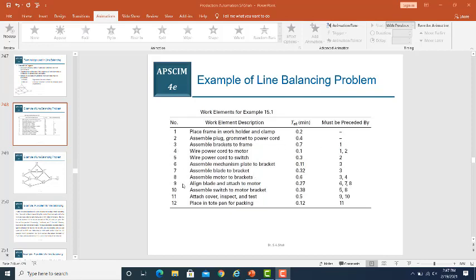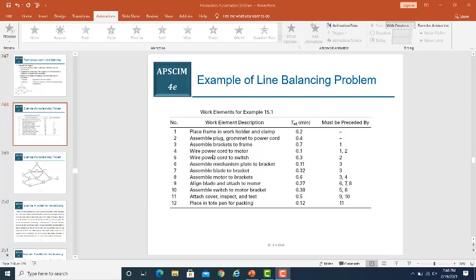However, from 3 to 12, every operation has some predecessors. Like operation number 3 has a predecessor 1. So you cannot start operation number 3 unless operation number 1 is completed, and so on.